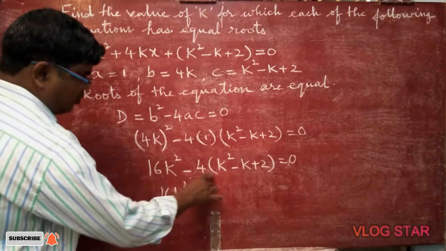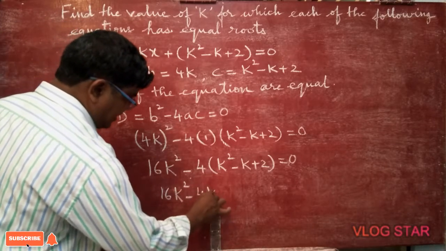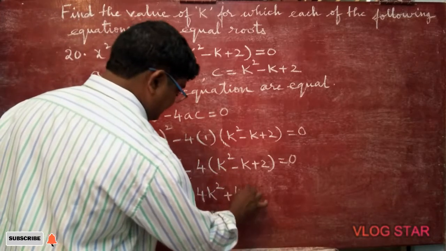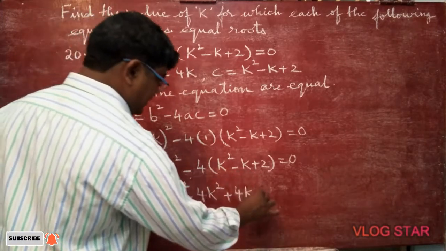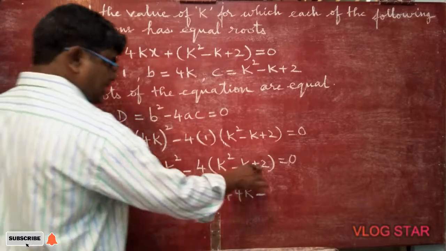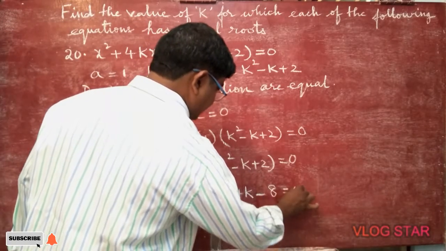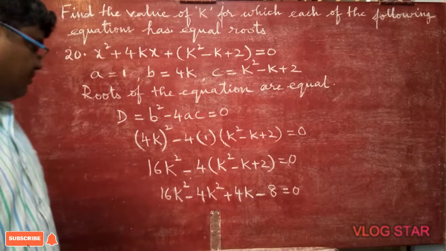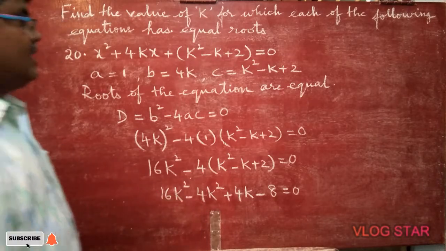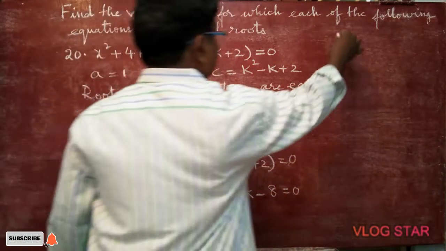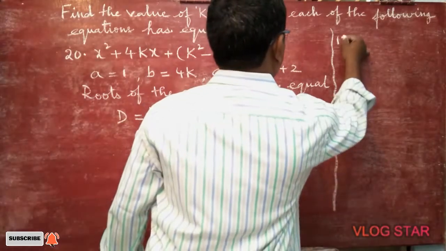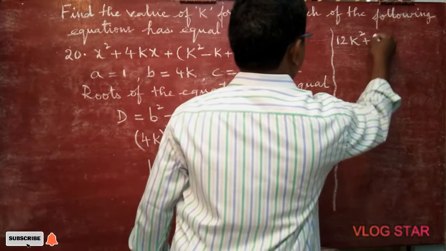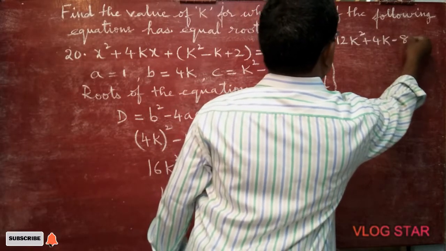Minus into plus is minus: 4 into k square, 4k square; minus into minus plus 4k; minus into plus again minus, 4 2s are 8, is equal to 0. Now 16k square minus 4k square, both are like terms: 12k square. And plus 4k minus 8 is equal to 0.